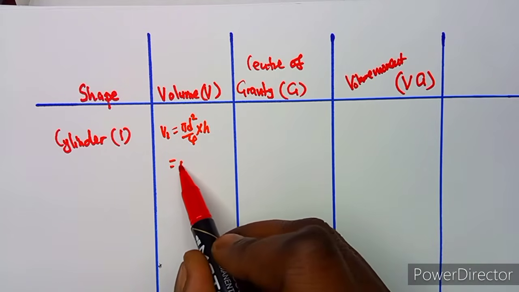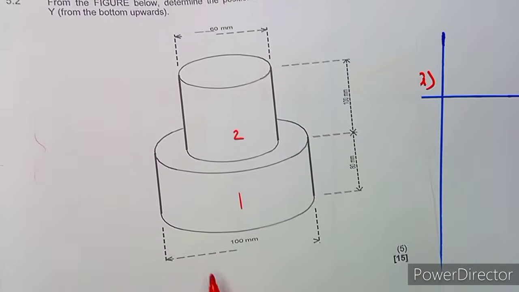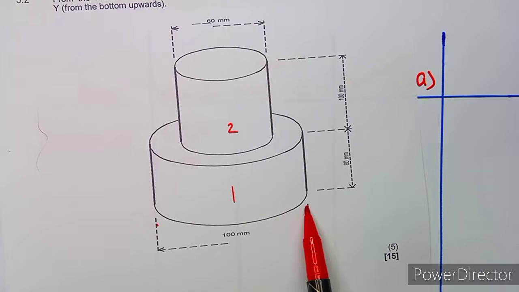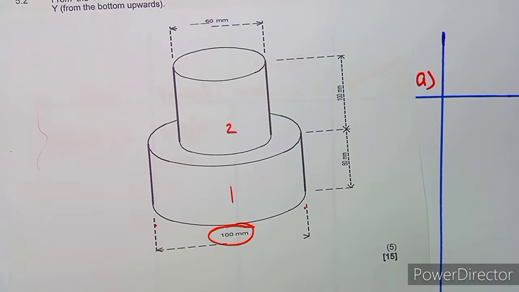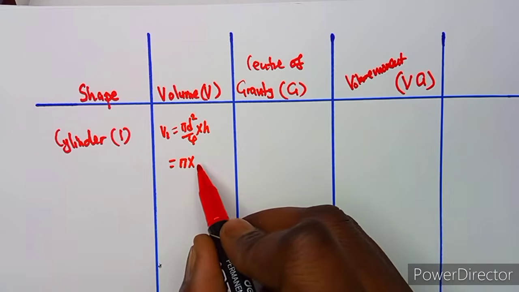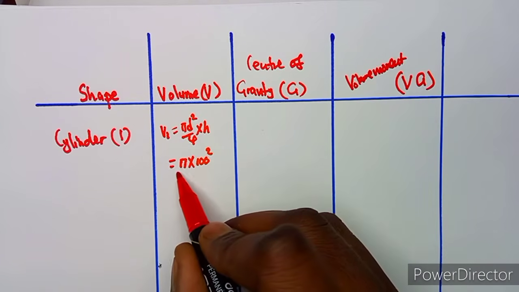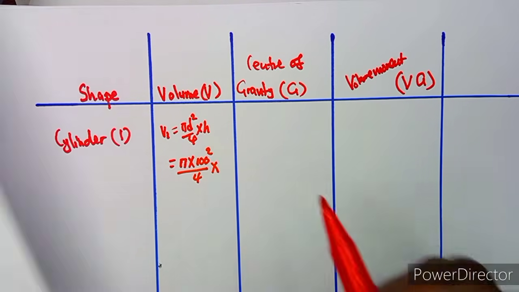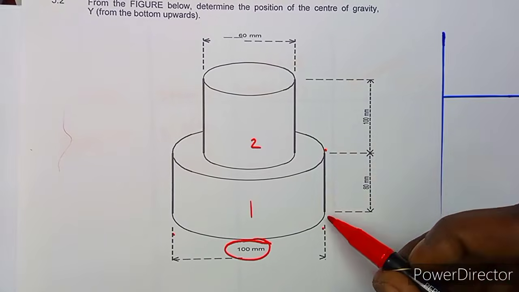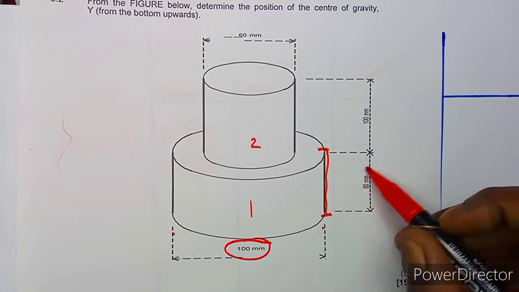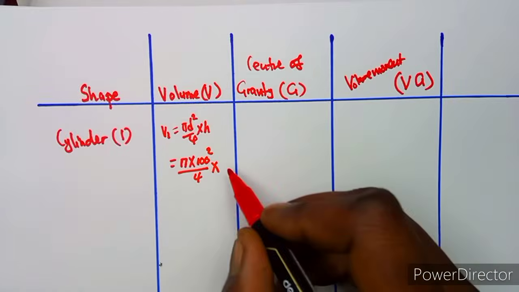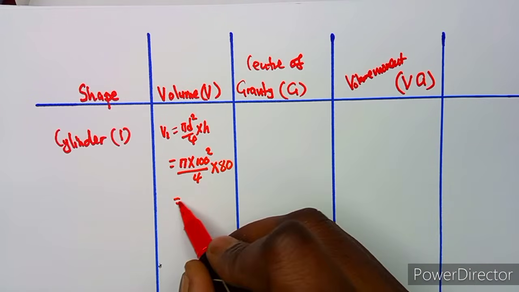You're given the diameter from this point to this point, which is 100 millimeters. So it's 100 millimeters squared over 4 times h, the height from this point to this point, which is 80 millimeters. From your mathematics, guys, remember.